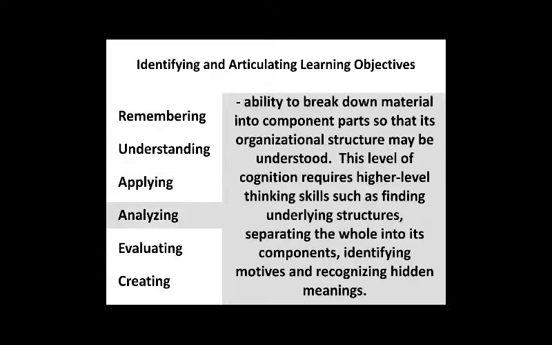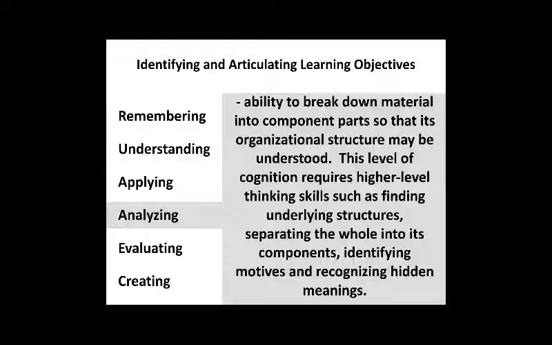Let's proceed to analyzing. This refers to one's ability to break down material into component parts so that its organizational structure may be understood. This level of cognition, this level of thinking, no? Cognition is just another word for thinking.